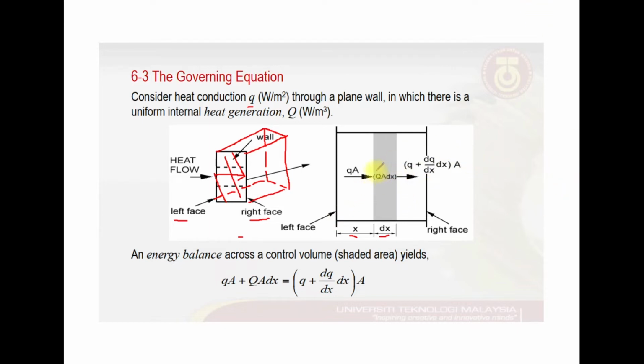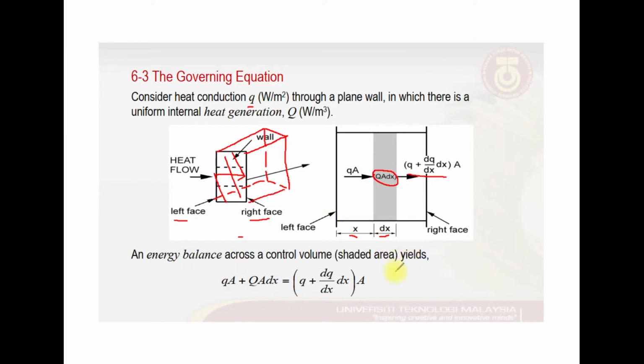The total heat that crosses this shaded area, or control volume, can be taken as QA dx, which is equal to the amount of heat flowing across the left face plus the heat across this control volume on the right face, which is given by the difference from the one that enters on the left face.